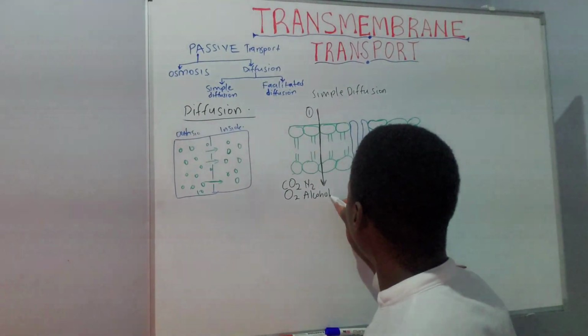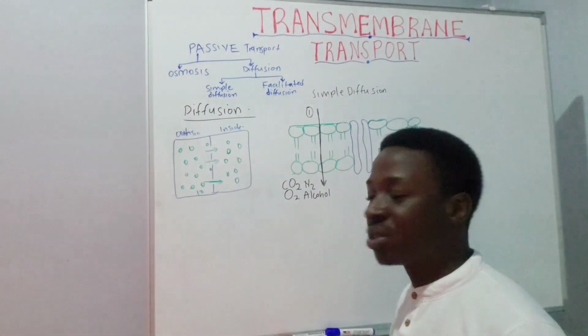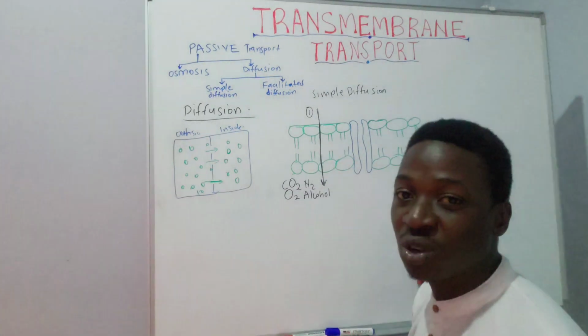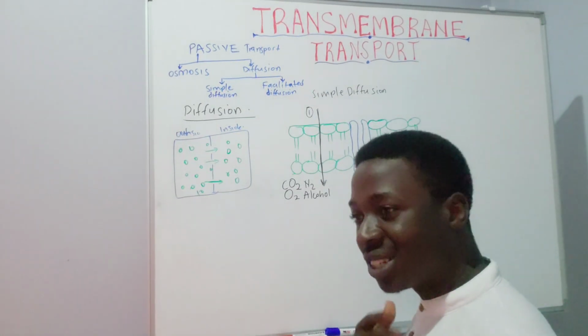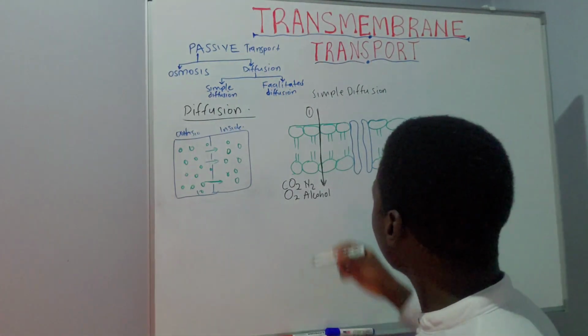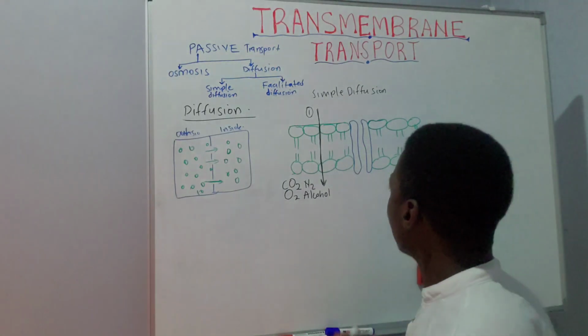Alcohol can easily cross the cell membrane, and that is why I told you in one of our previous videos, when we look at GIT physiology, that when you take alcohol, it is easily absorbed within the stomach because it can easily cross the cell membrane of the cells because it is lipid soluble.